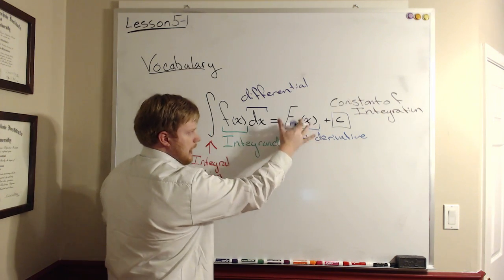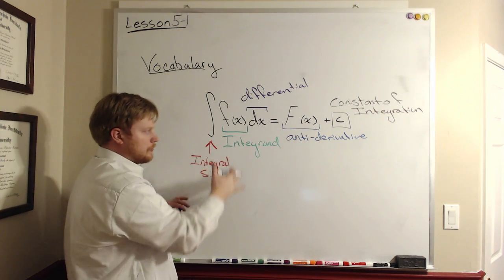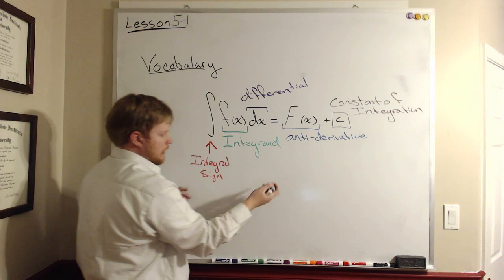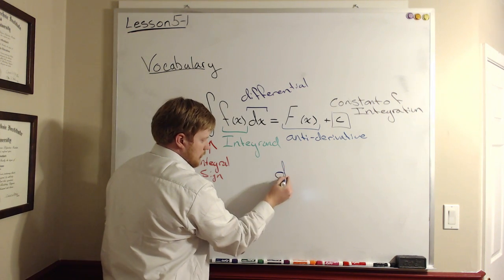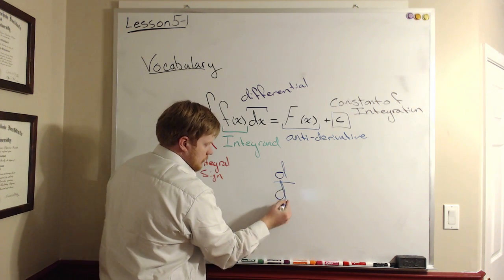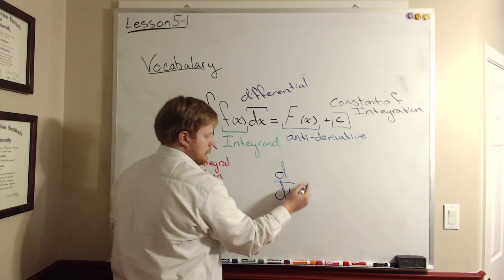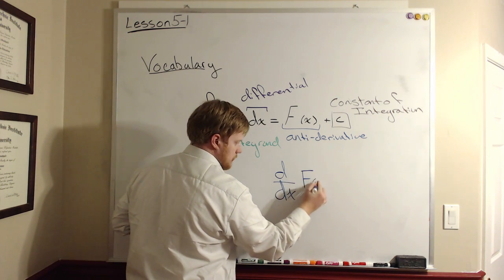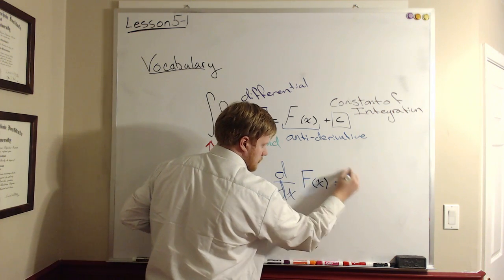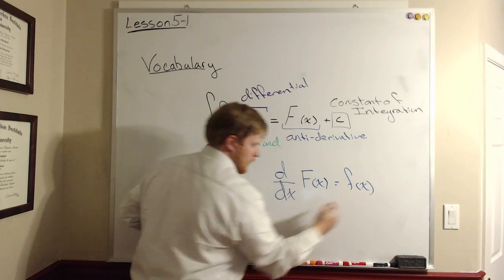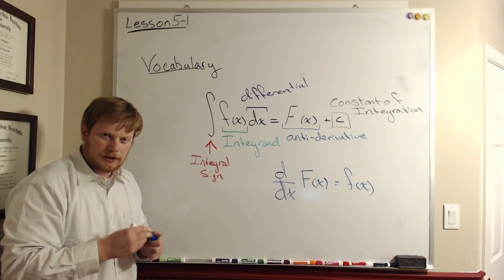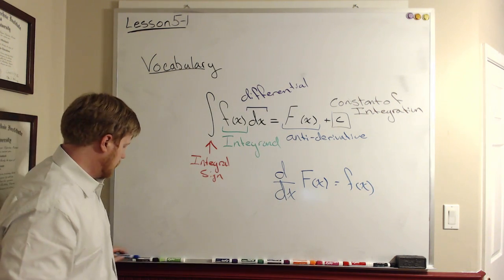If capital F is the antiderivative of f, then it must be true that the derivative of F is f, and that's how we're going to check our work to make sure that we've done things correctly.